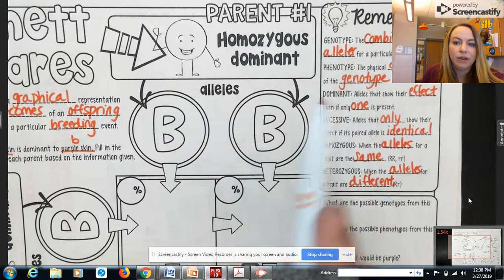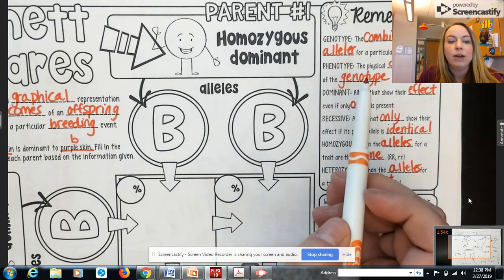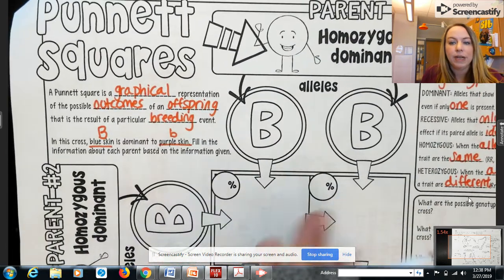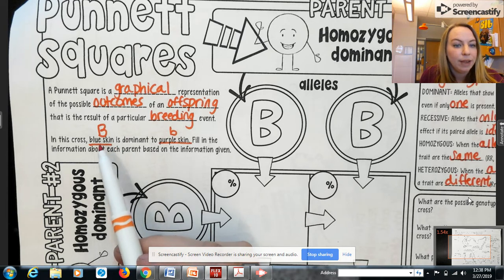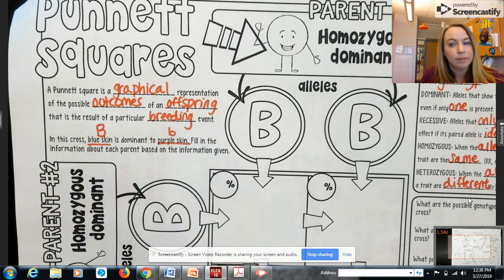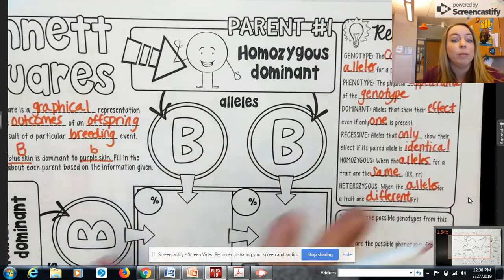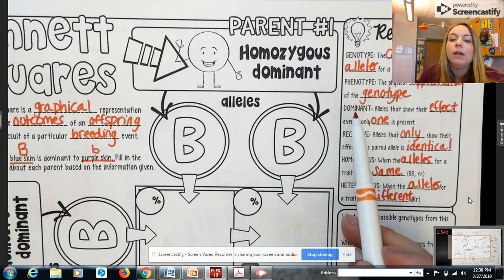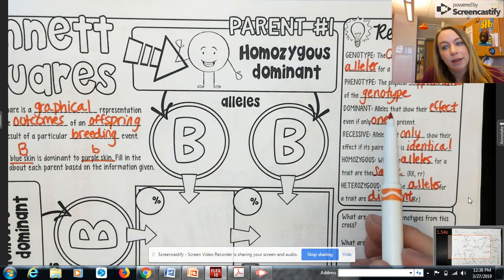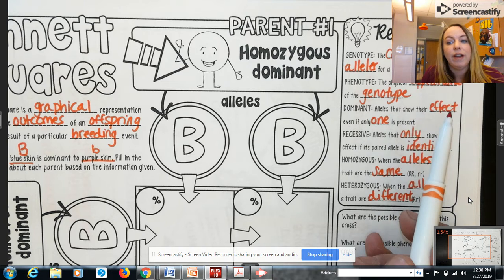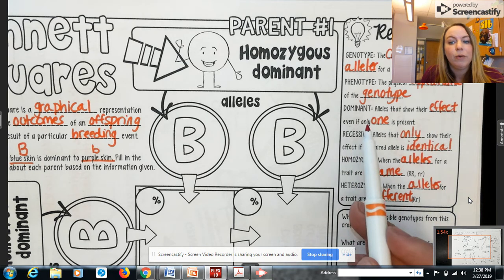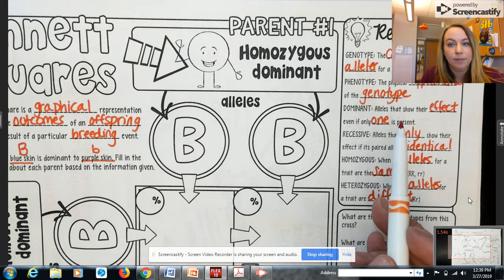So coming back over here, the phenotypes in this cross will either be blue skin or purple skin, depending on which genotype we have. Dominant alleles are alleles that show their effect even if only one is present, okay?